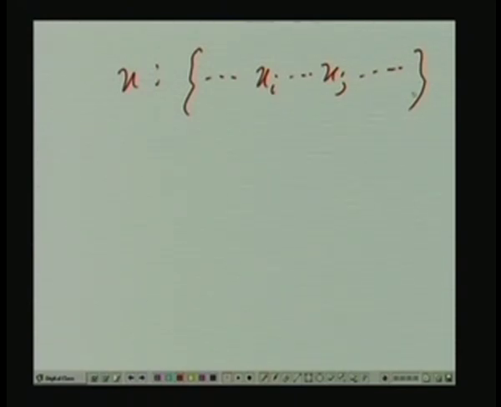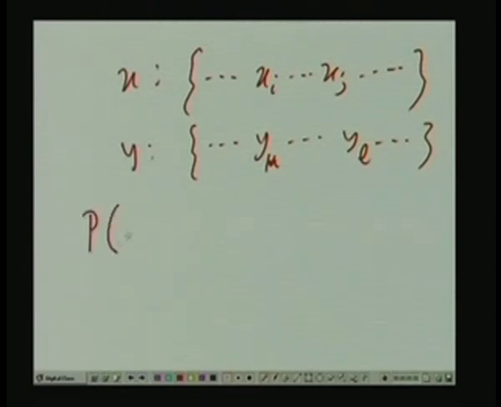It could be a finite set, it could be an infinite set. Similarly, Y takes values Yk, Yl, and like that. In that case, the joint probability that x takes the value xi and y takes the value yj is denoted by Pij.